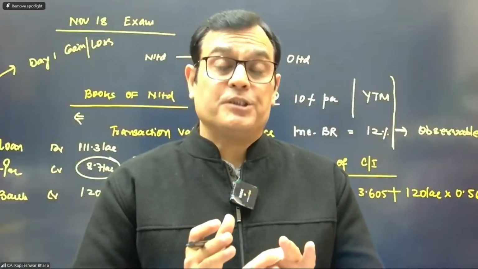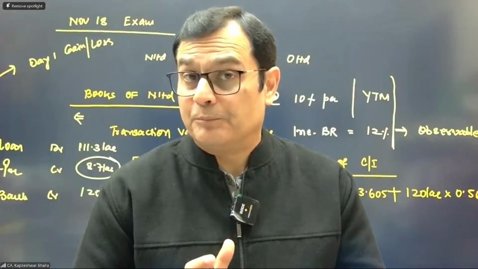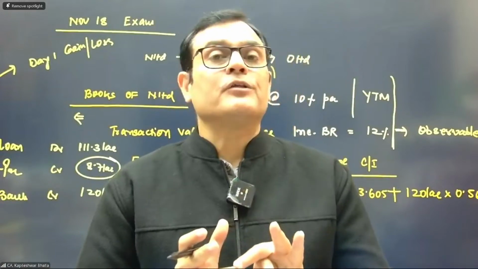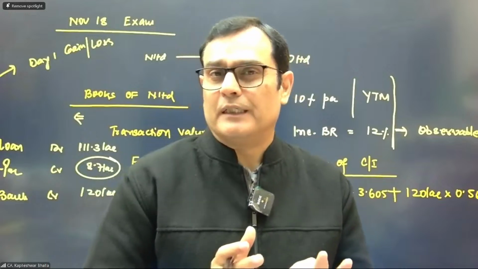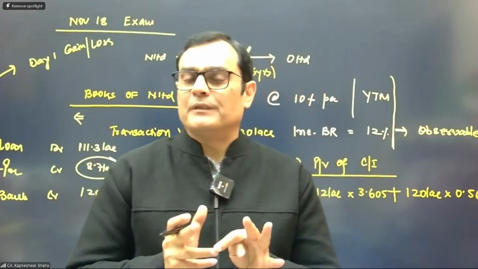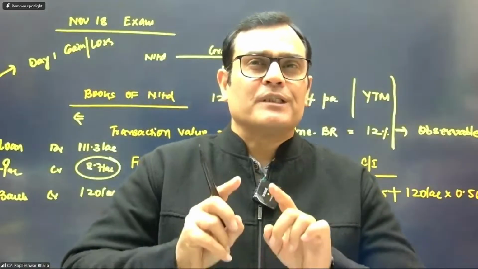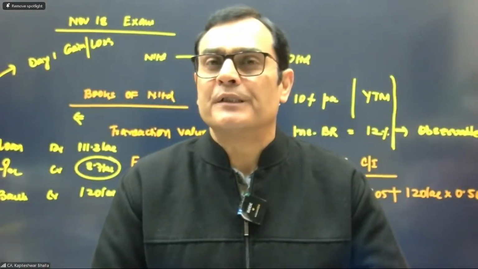I have covered the case of the difference arising on observable inputs, which is taken in the P&L. I've taken the transactions and fair value differences for 3 kinds of relationship: parent subsidiary, employer employee, and a supplier customer. So this takes care of my entire financial asset accounting.